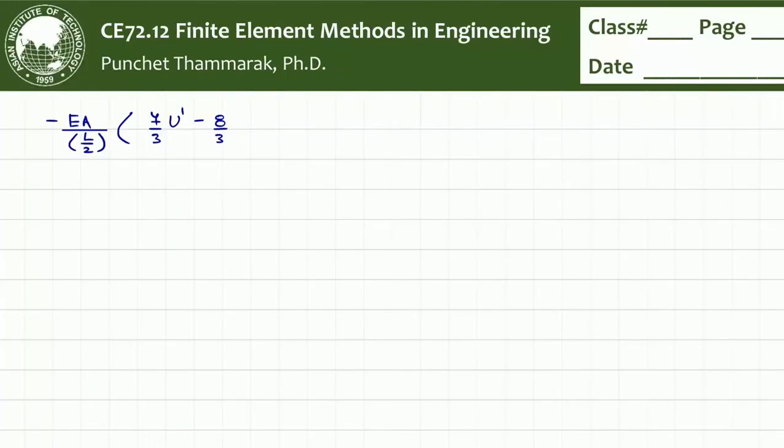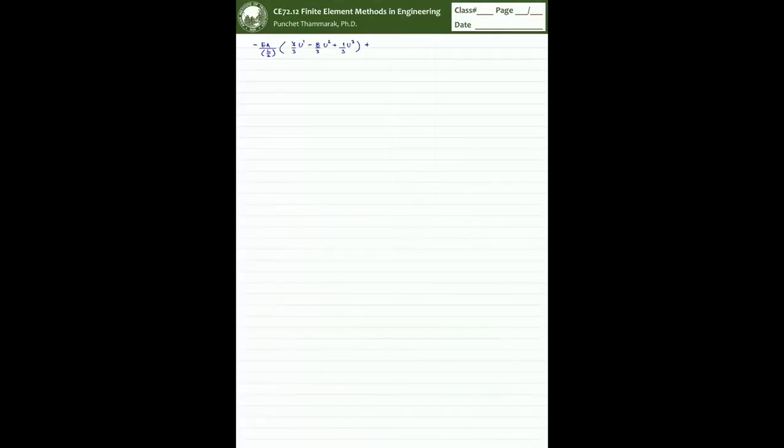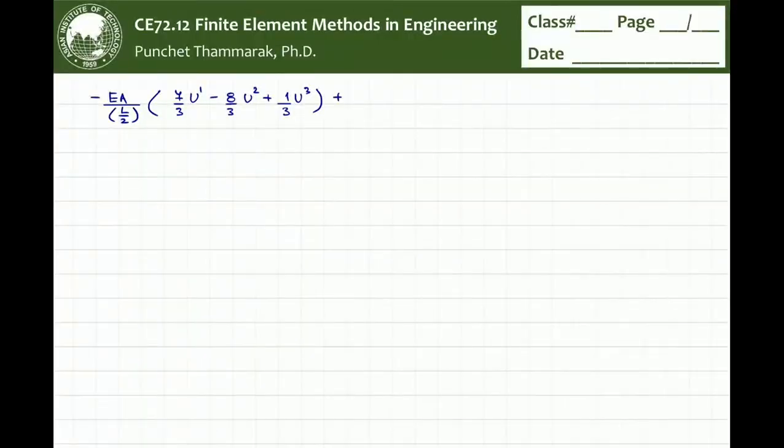U2 plus 1/3 U3 equal, and then plus this term 7/8 and 1/3. Or is it 7 and 1/6?